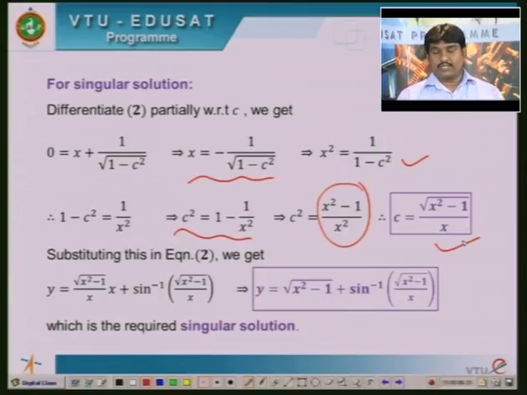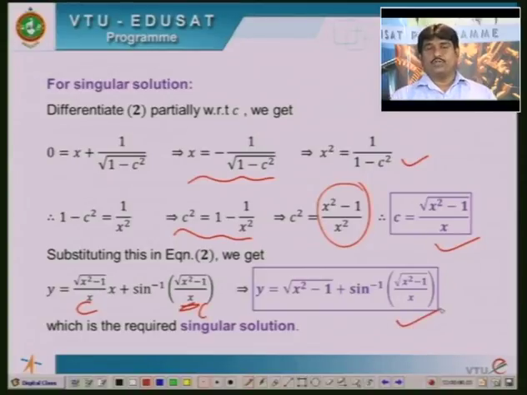Substitute this value of C in the general solution, y equals Cx plus sin⁻¹(C). Cancel x to get the final answer, y equals square root of x square minus 1 plus sin⁻¹ of root of x square minus 1 divided by x, which is the required singular solution.